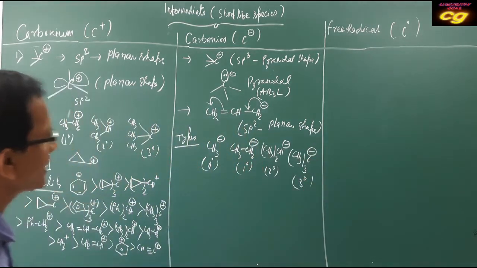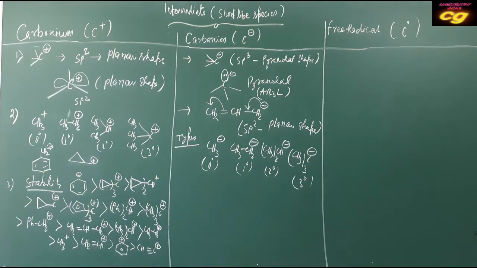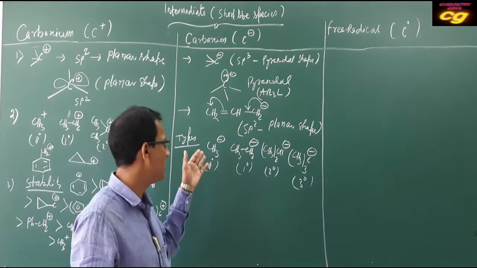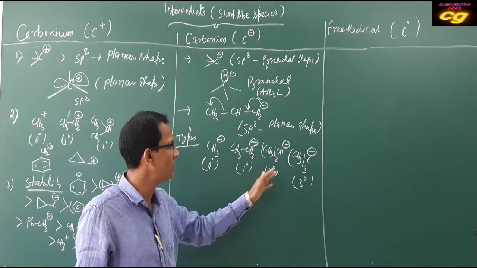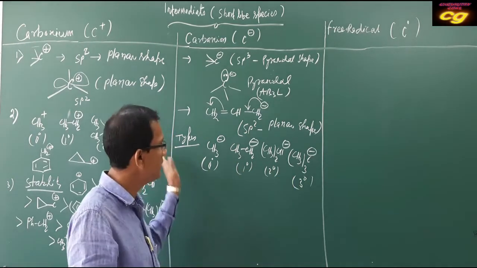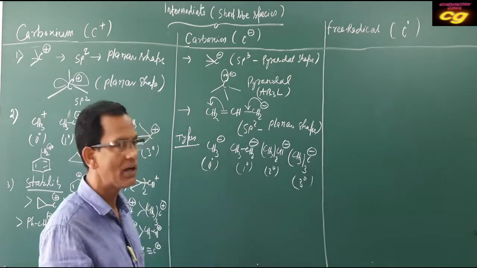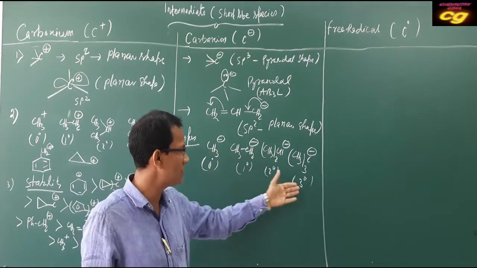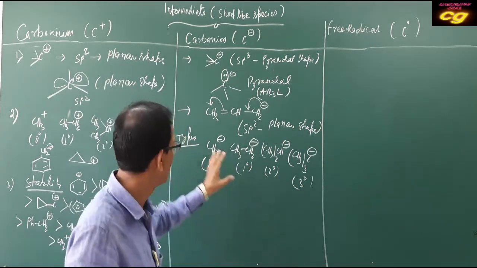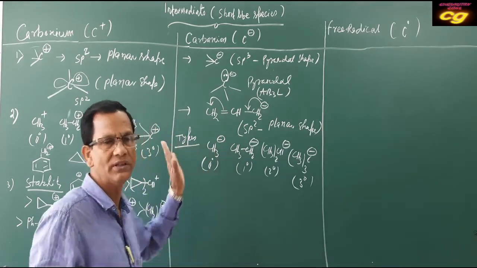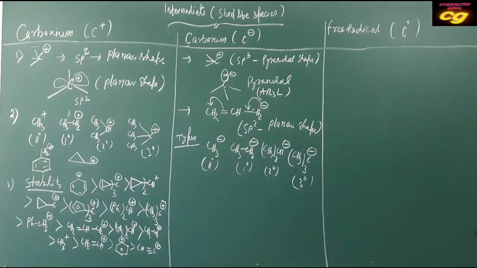So there are different types of carbanion, carbon carrying negative charge: 0 degree, 1 degree, 2 degree, 3 degree. This is the types of carbanion: primary, secondary, tertiary, and the one not attached to any carbon, that's why free, that is 0 degree. The classification is like this.